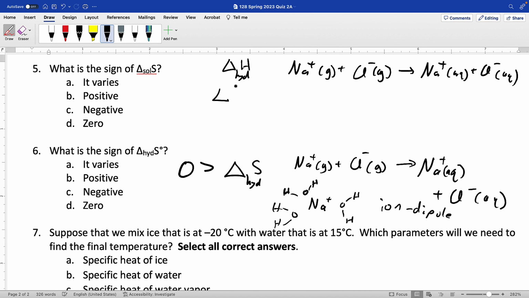I want to do entropy, not enthalpy, so let's get rid of those H's. So now let's look at the lattice reaction, where we're going from the salt to ions in the gas phase.